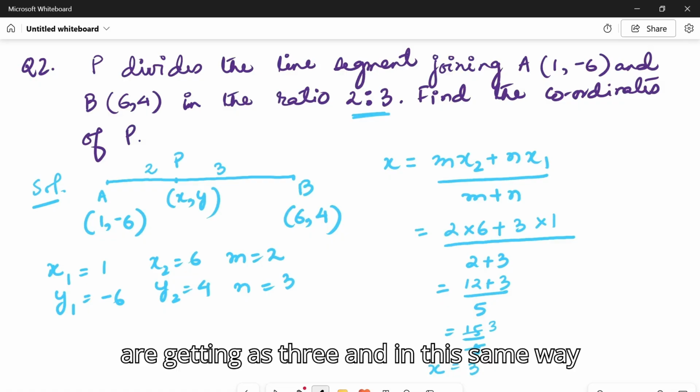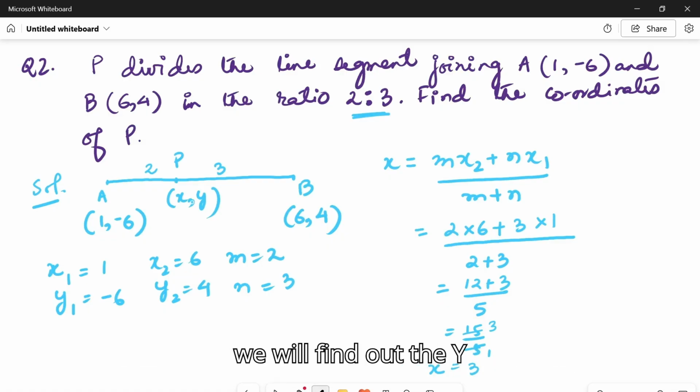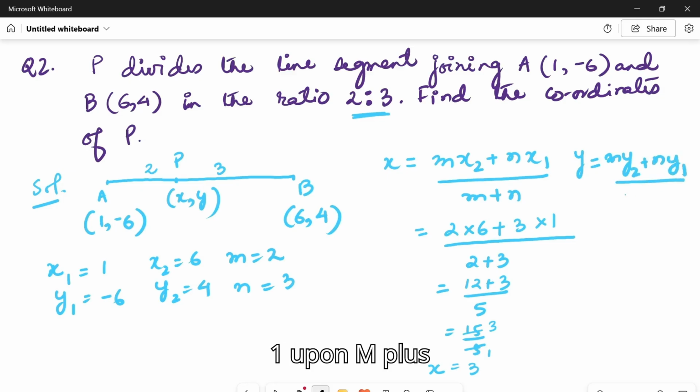In the same way, we will find out the y coordinate of P. For y, we will write y equals my2 plus ny1 upon m plus n.